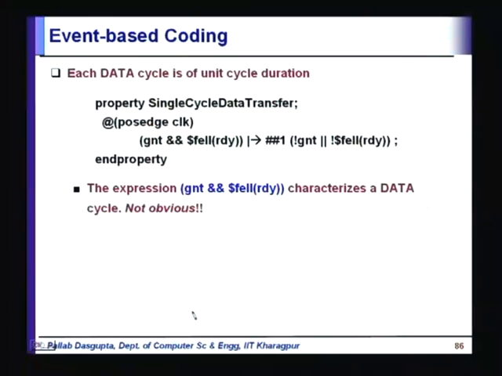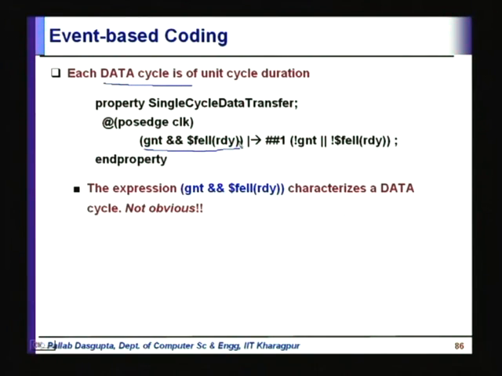So again you see, when we write the third property, each data cycle is of unit duration. How do we express data cycle? We try to write data cycle, as we saw just now, as grant and $fell ready. So this is our data cycle.